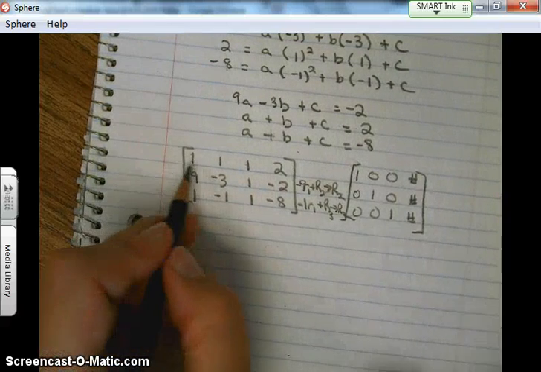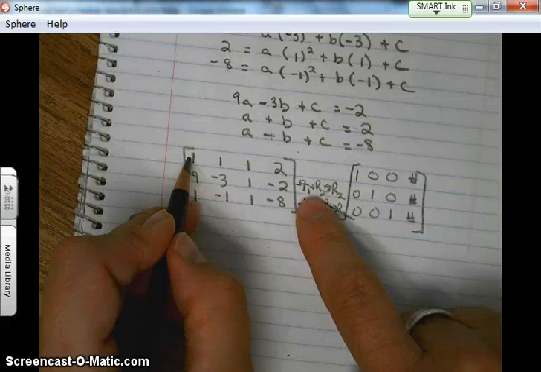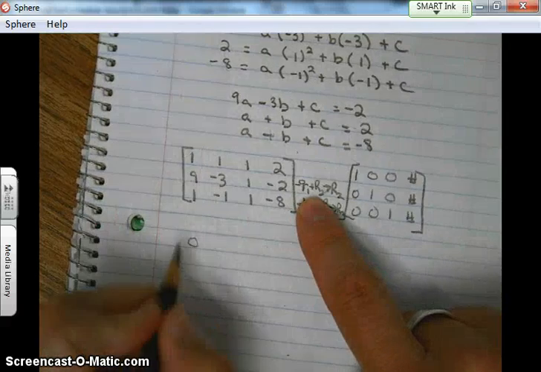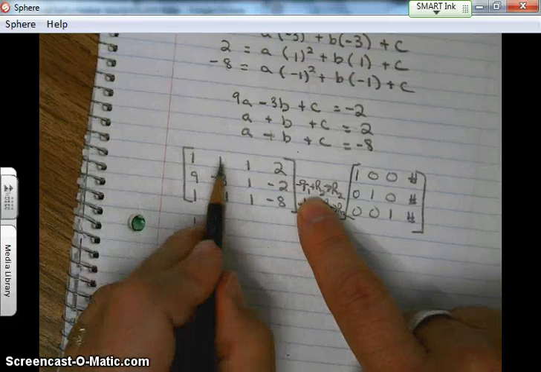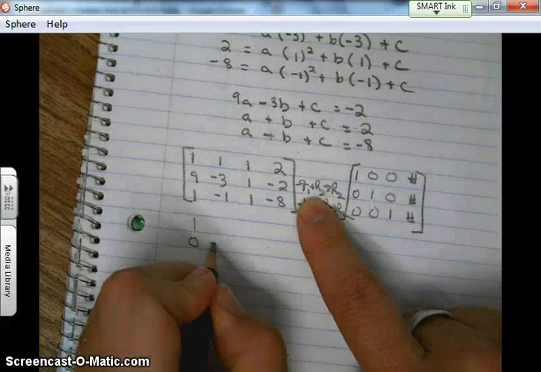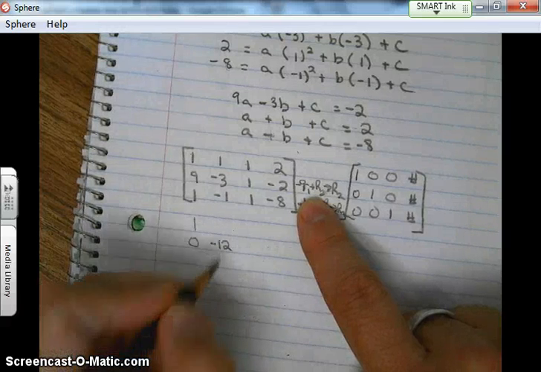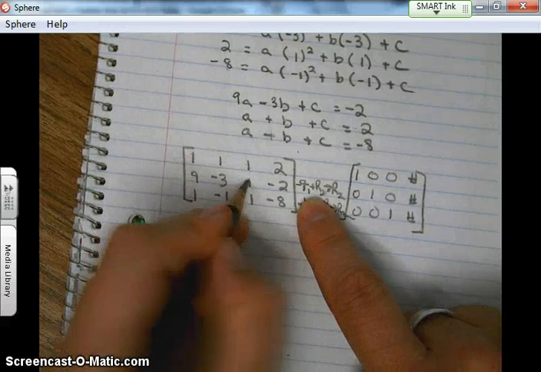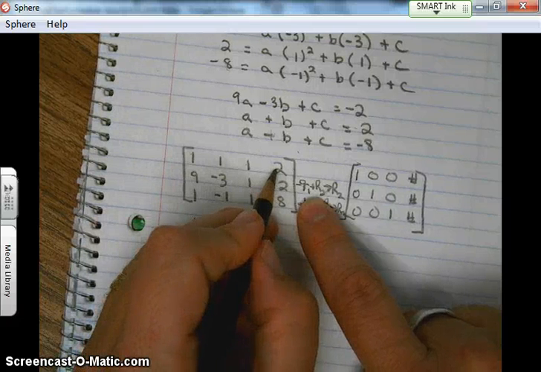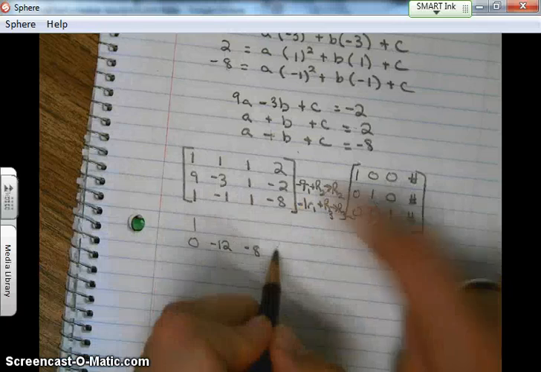So -9 times 1 is -9, plus 9 is 0. -9 times 1 is -9, plus -3 is -12. -9 plus 1 is -8. -18 plus -2 is -20.